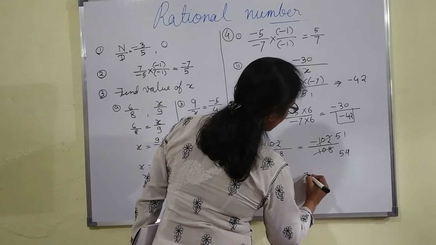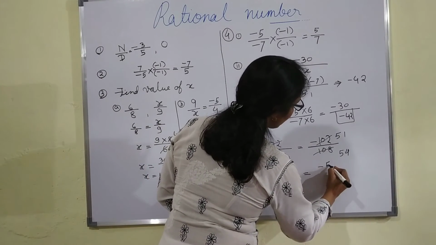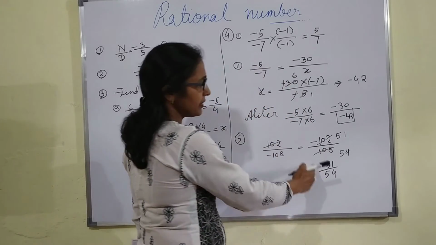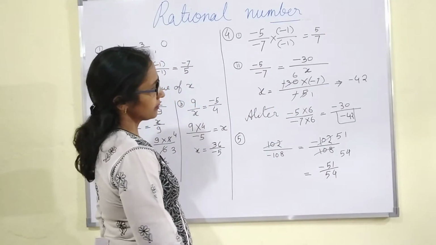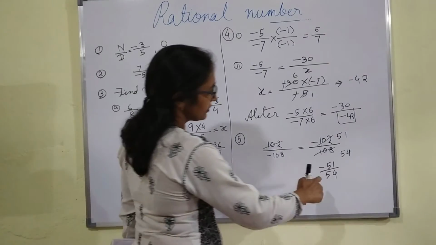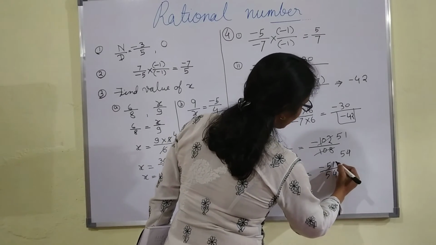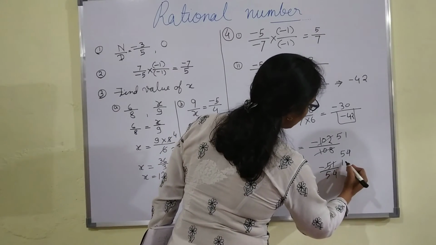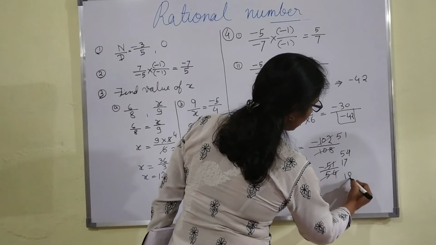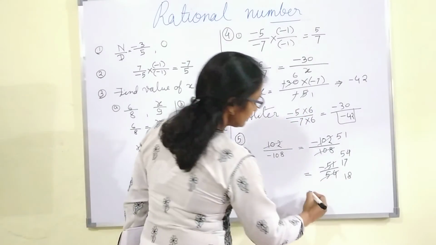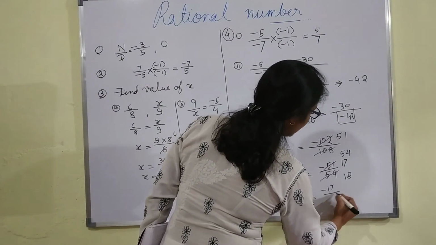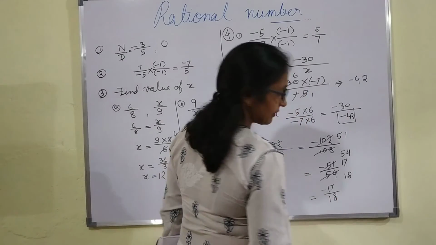So minus 51 upon 54. And now these can't be simplified further. Okay, they are simplifying, sorry. So 3 1s are 3, 3 7s are 21, 3 1s are 3, 3 8s are 24. So the simplest form of this number is minus 17 upon 18.